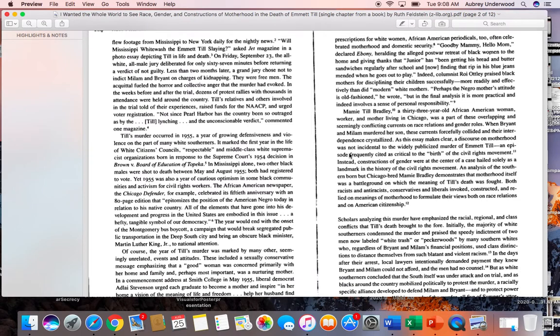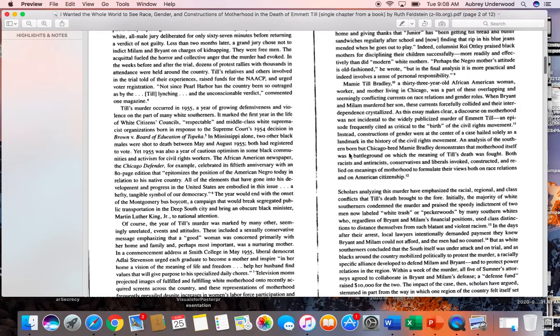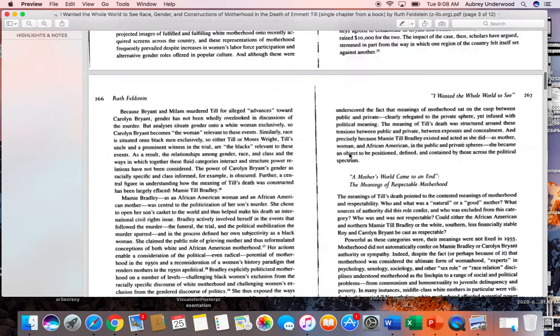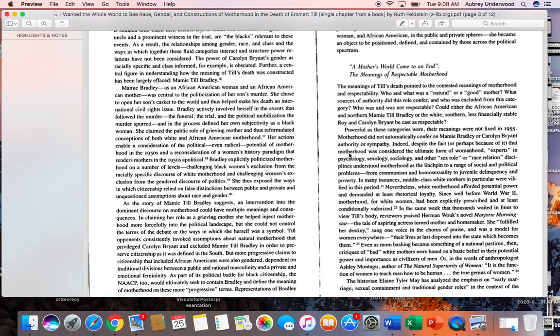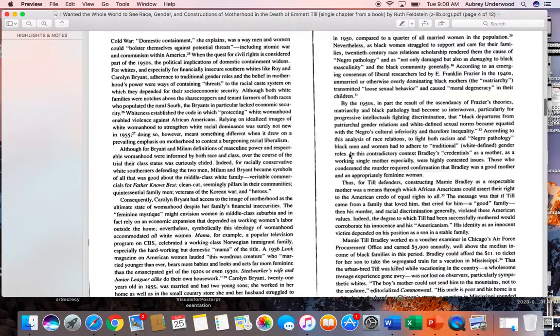And what I mean by this is it really looks at how the trial effectively puts Black motherhood on trial and how the defense really tries Black motherhood. And it is an incredibly interesting article that brings together, again, lots of different threads.